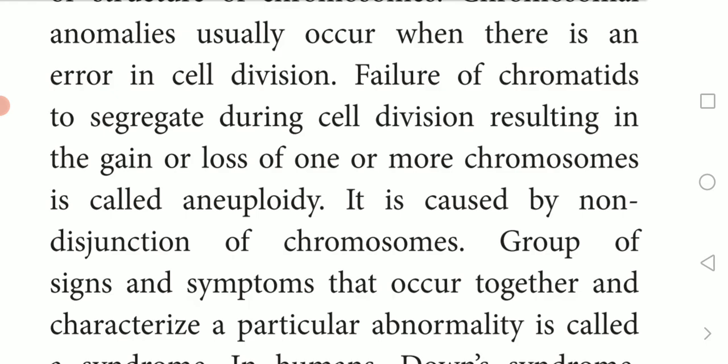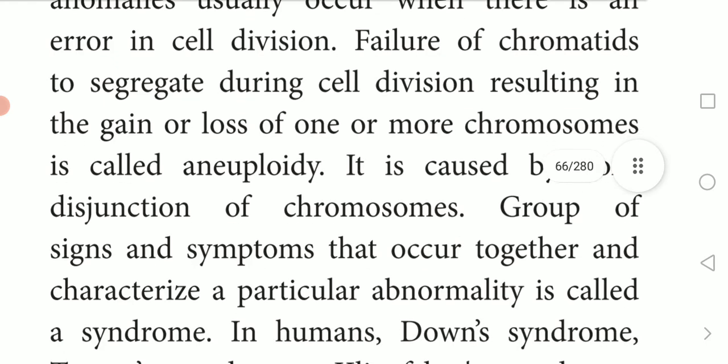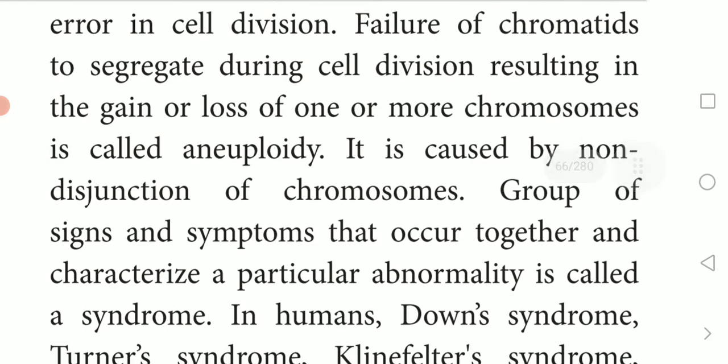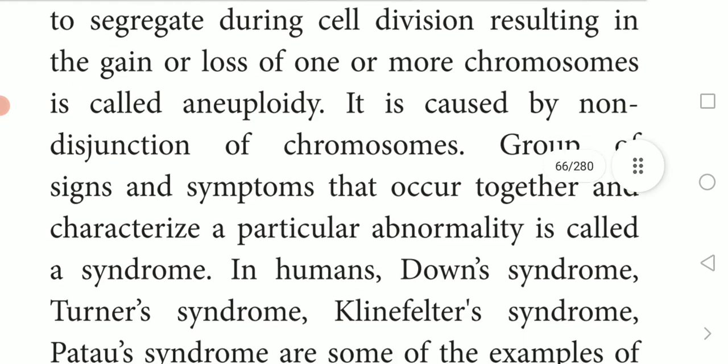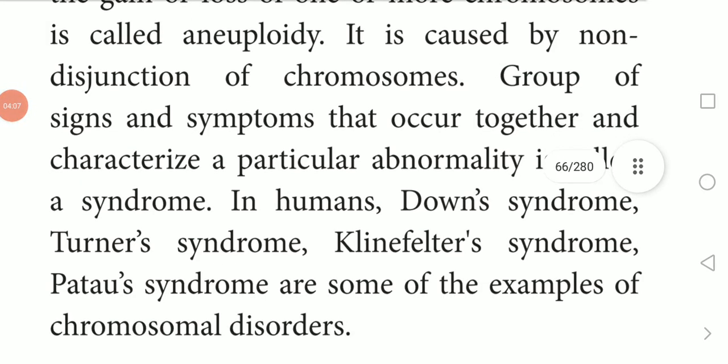The chromosomes have chromatids, centromere, and arms. Once the arms shift from one position to another, there will be a disjunction of chromosomes. A group of signs and symptoms that occur together and characterize a particular abnormality is called a syndrome.